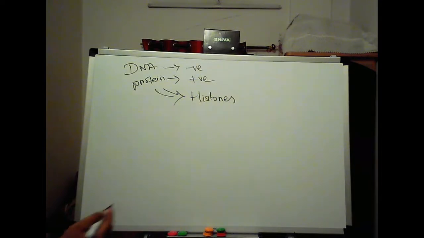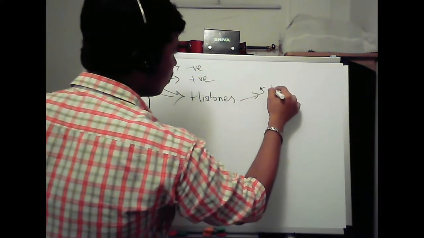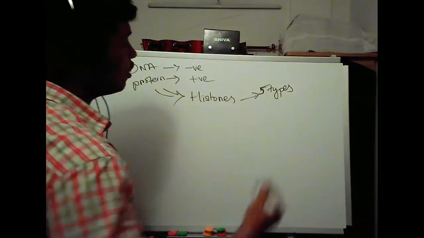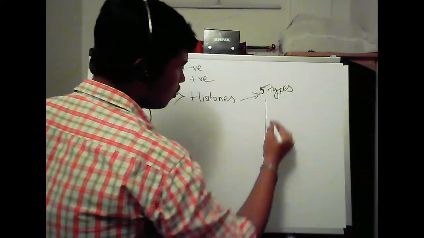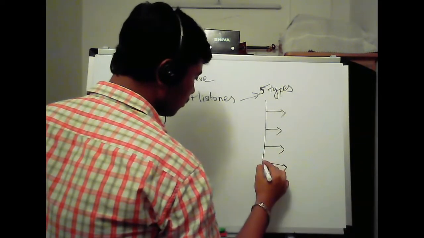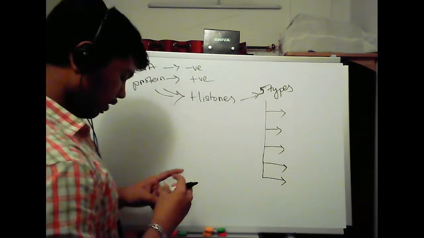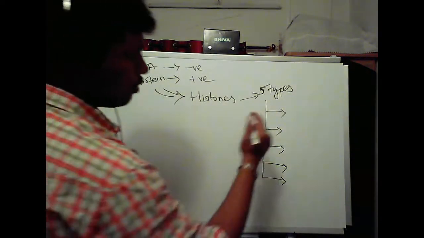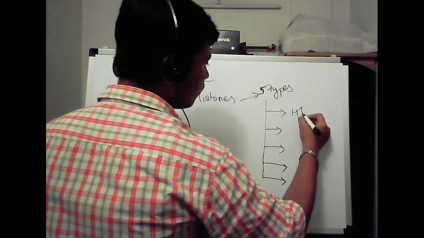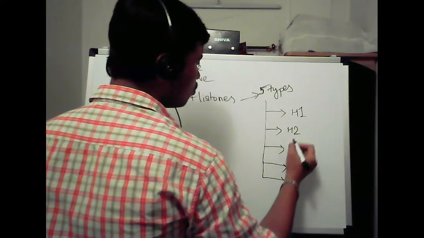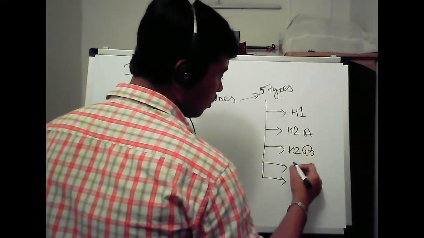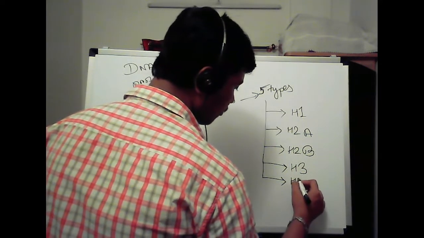Now these histones are of five types. H1, H2, and H2 has two types in itself: H2A, H2B, H3, and H4.